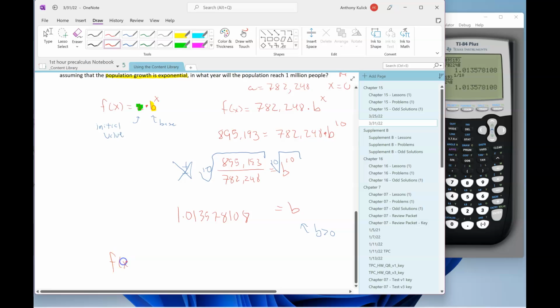So our function then is 782,248 times 1.0135781 08 to the x.